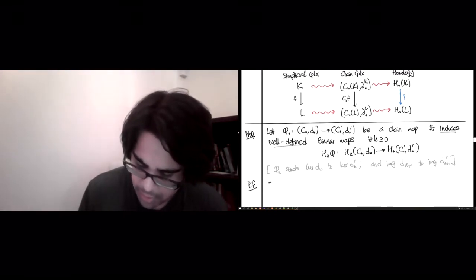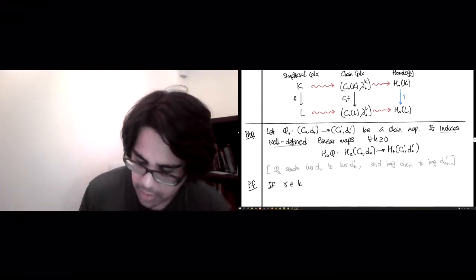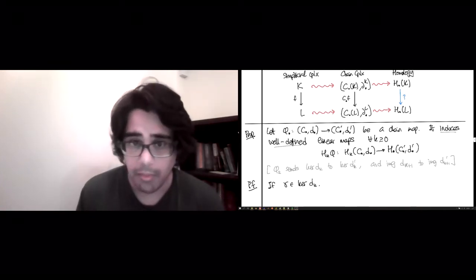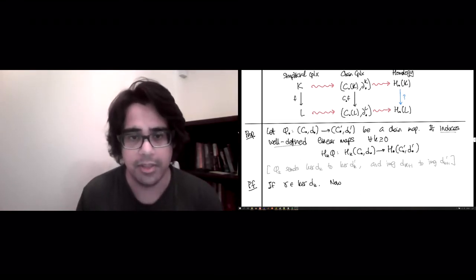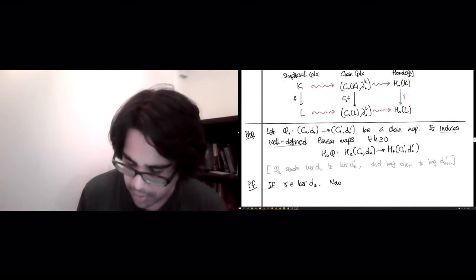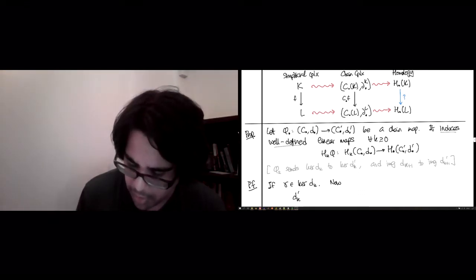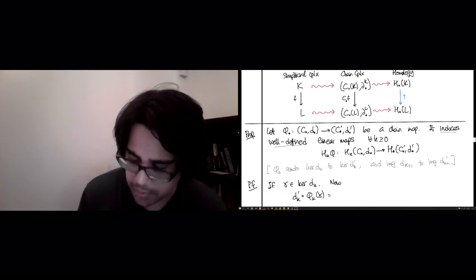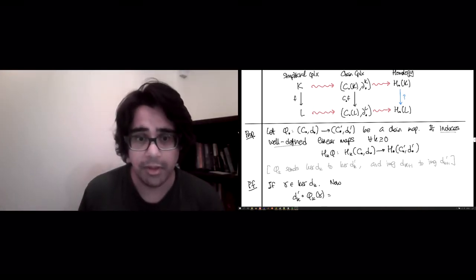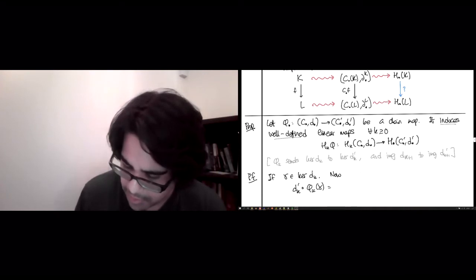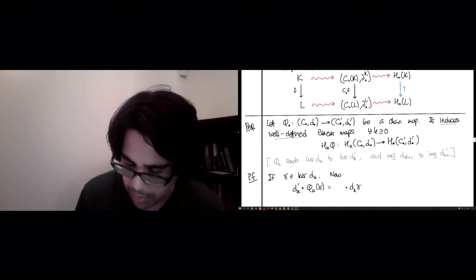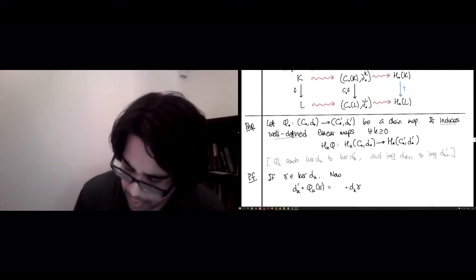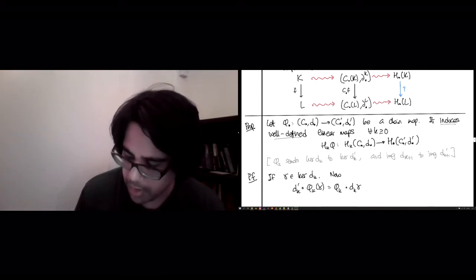So let's assume that gamma belongs to the kernel of d_k. Now, what we want is to show that phi of gamma belongs in the kernel of d_k prime. So let's check what d_k prime of phi_k of gamma is. Well, by the defining property of a chain map, this has to be the same as first taking the boundary of gamma in the chain complex C, and then applying the chain map phi.